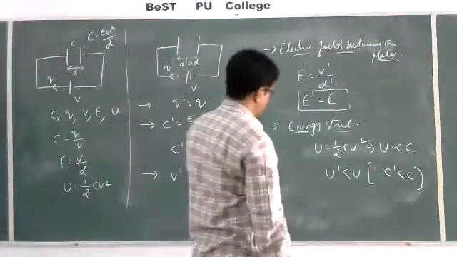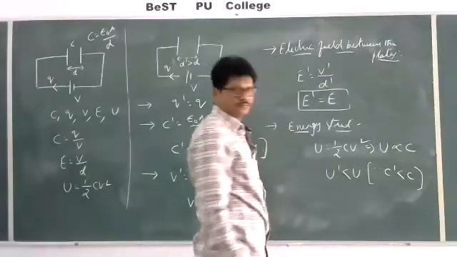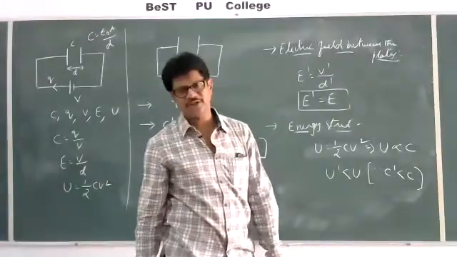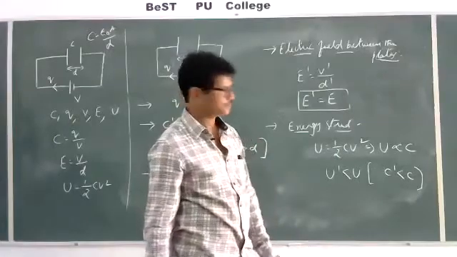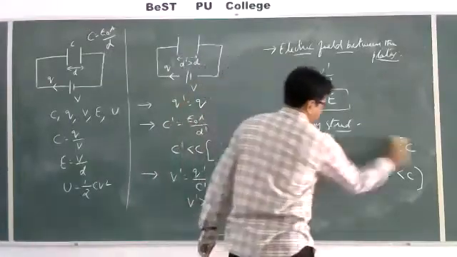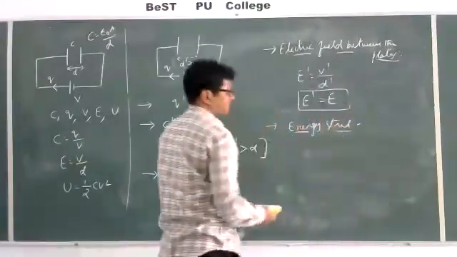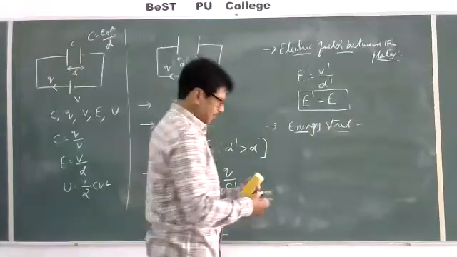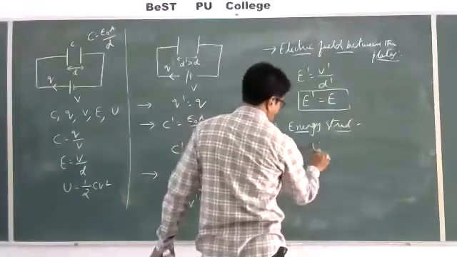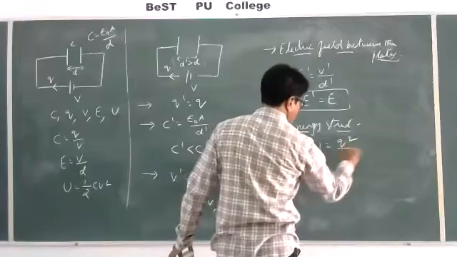What happens to the energy stored? So here charge remains constant. We have to go with the formula U is equal to Q square by 2C.